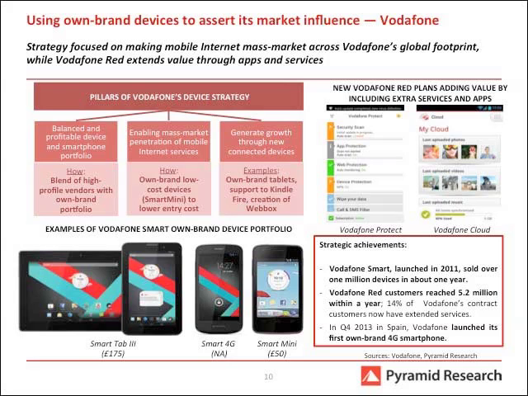Similarly to Orange, Vodafone also has their own brand 4G phone, and on the right side you can see some of the strategic achievements in the own brand domain. Vodafone Smart, which was launched in 2011, sold over 1 million devices in about 1 year. Vodafone Red customers reached 5.2 million within a year, and as I said, they recently launched a 4G smartphone too.